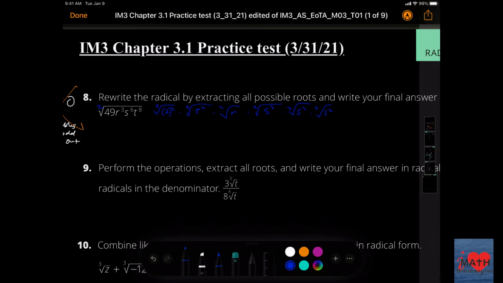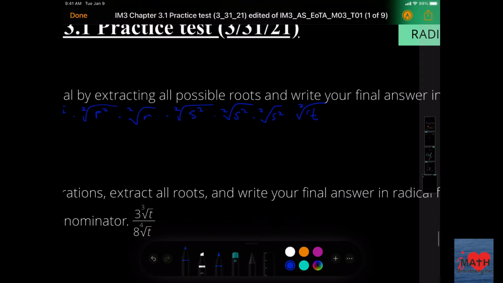And then T to the 8th. Well, let's do this one a little bit faster. What number can you write in there inside that would make it be a 4, right? 4 times 2 gives you the 8.